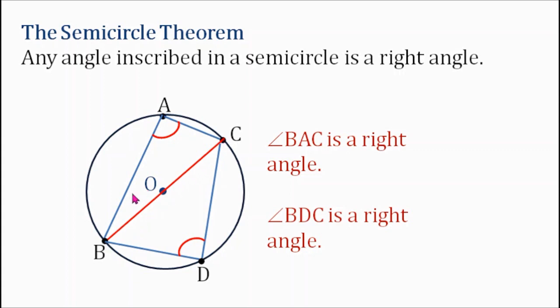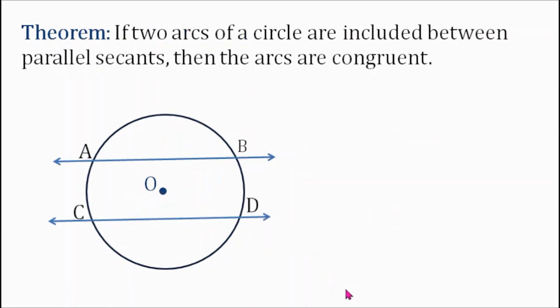This means angle BAC is a right angle. And also angle BDC is inscribed in a semicircle, so this is also a right angle. So angle BAC measures 90 degrees and also angle BDC measures 90 degrees.